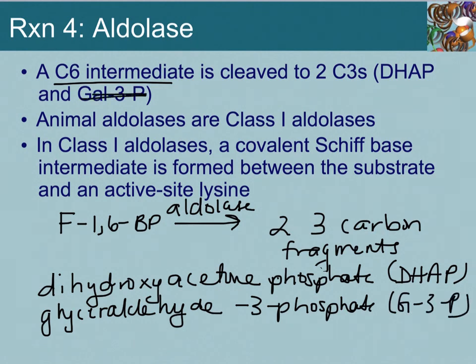So let's cross this out and write G3P. Here we are going to make a Schiff base, or an imine, in the active site.